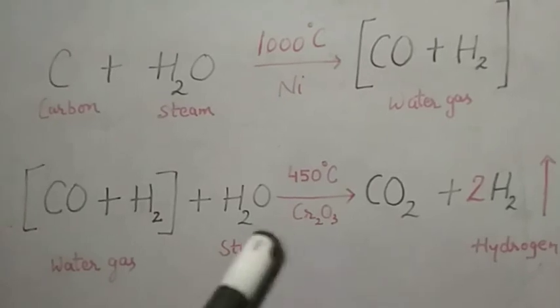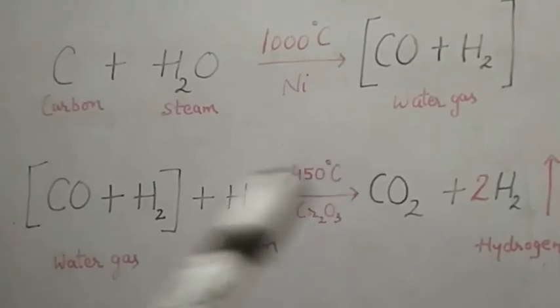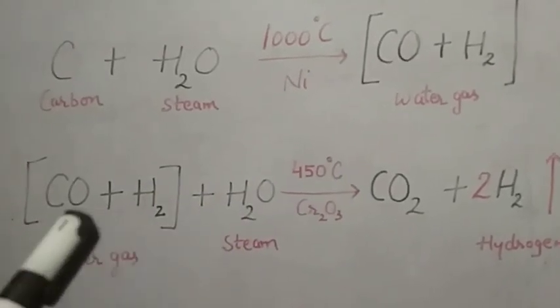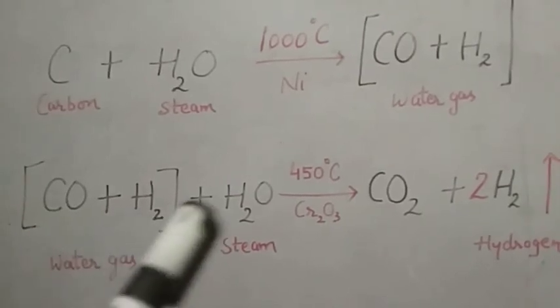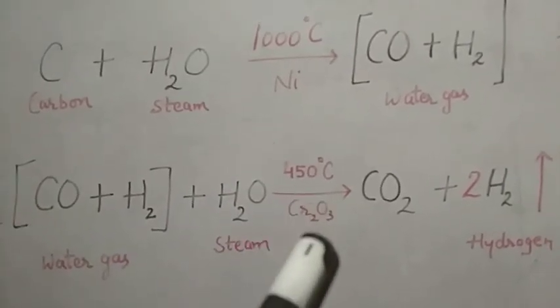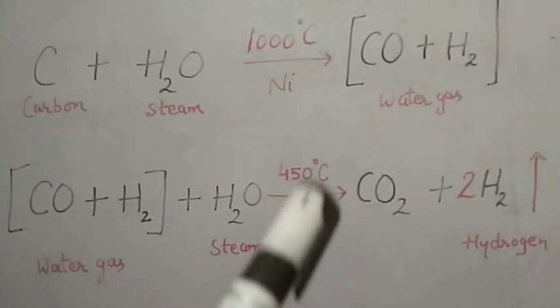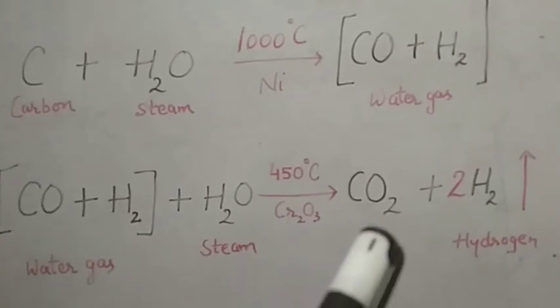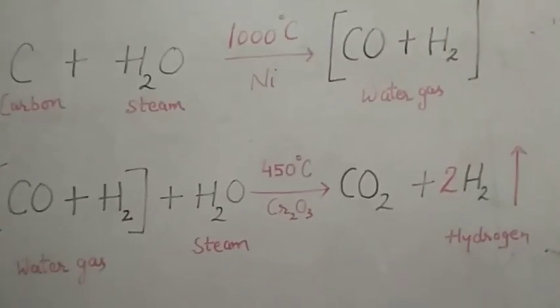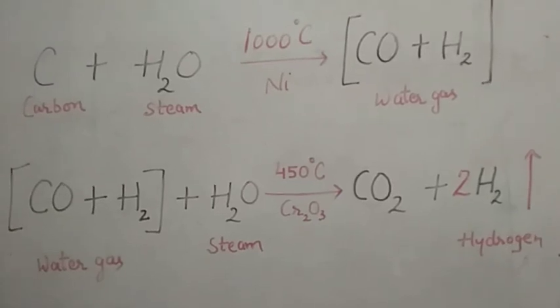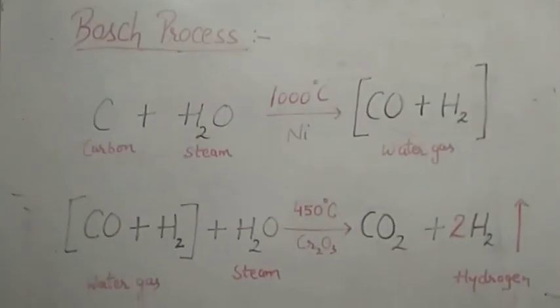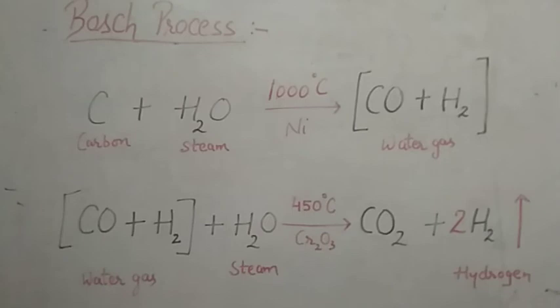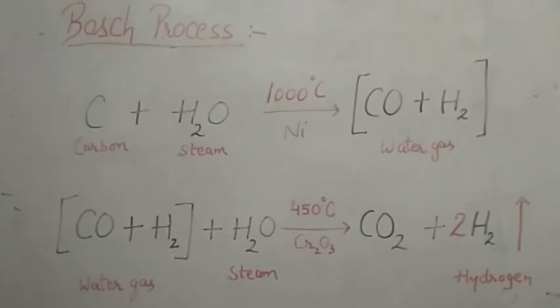So at 450 degrees Celsius, when water gas, a mixture of carbon monoxide and hydrogen gas, is treated with steam in the presence of catalyst chromium trioxide, we get carbon dioxide and pure hydrogen gas. Okay, so this is the Bosch process, which is used for the preparation of hydrogen gas.